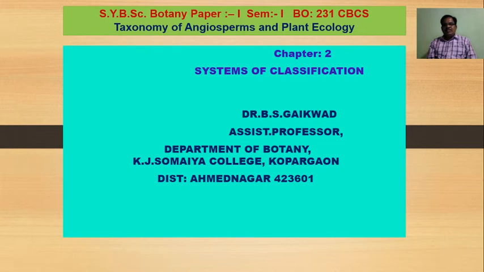In this lecture, we are going to discuss a very important point, that is APG. So, what is APG? APG is nothing but the Angiosperm Phylogeny Group. Angiosperm Phylogeny Group means what? It is an informal group of various scientists who are working on plants.